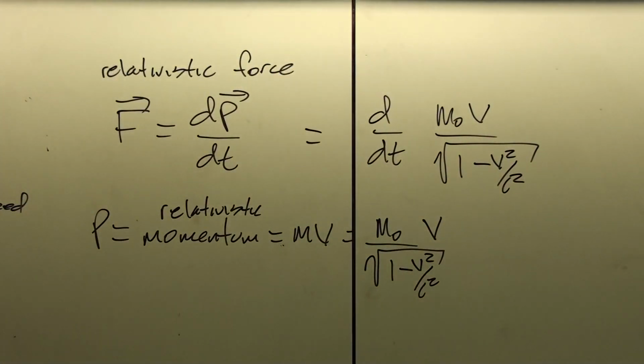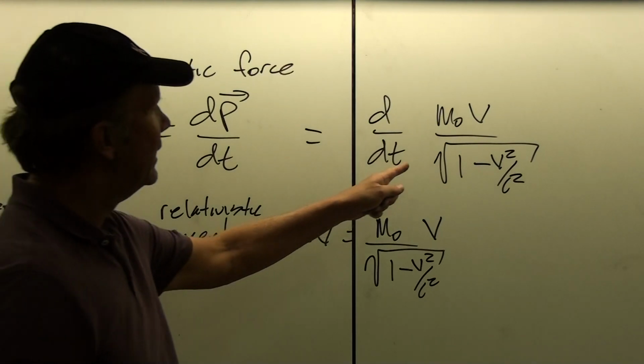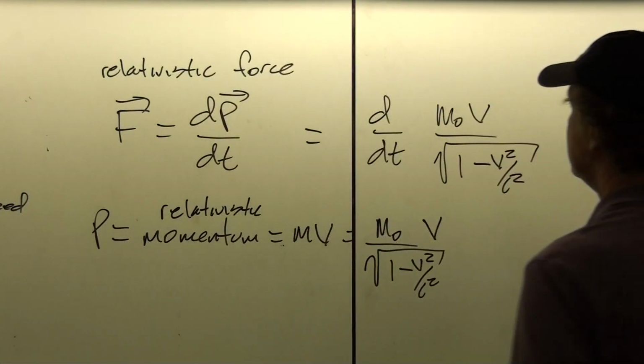Okay, and so this means then that we need to write the velocity somehow as a function of time. So how can we do that? Well, we can do that here by using the chain rule.